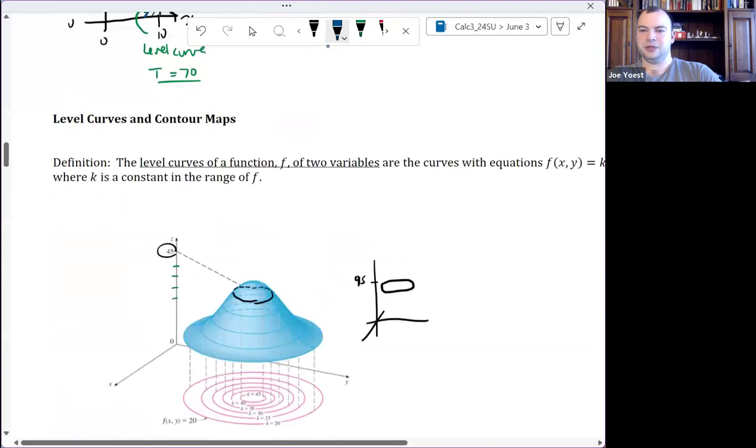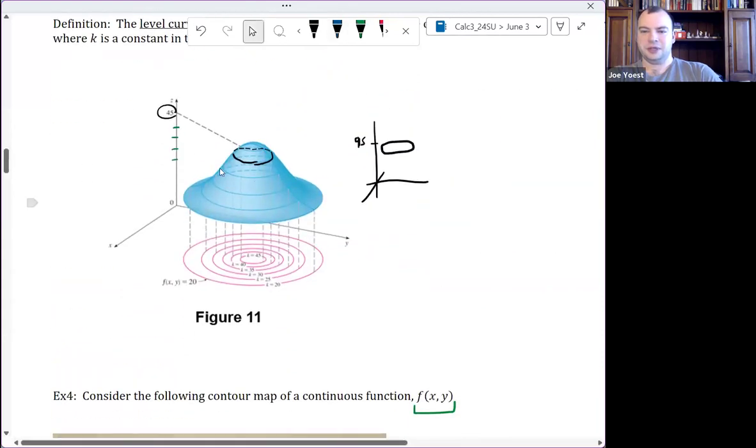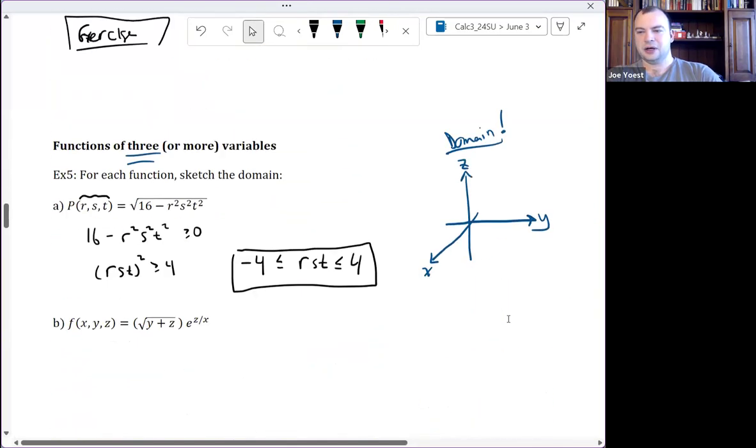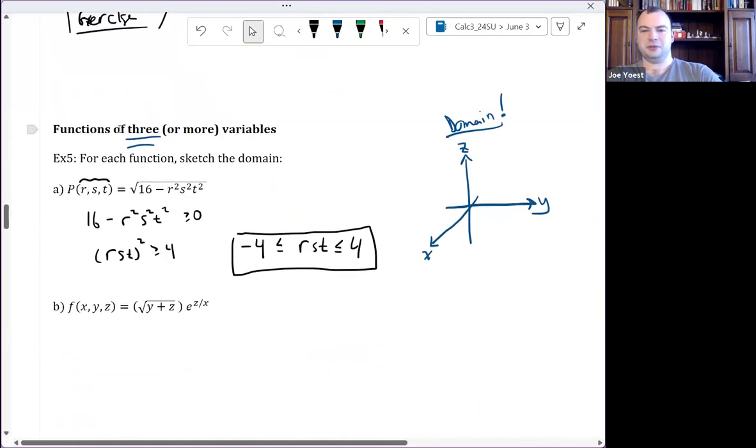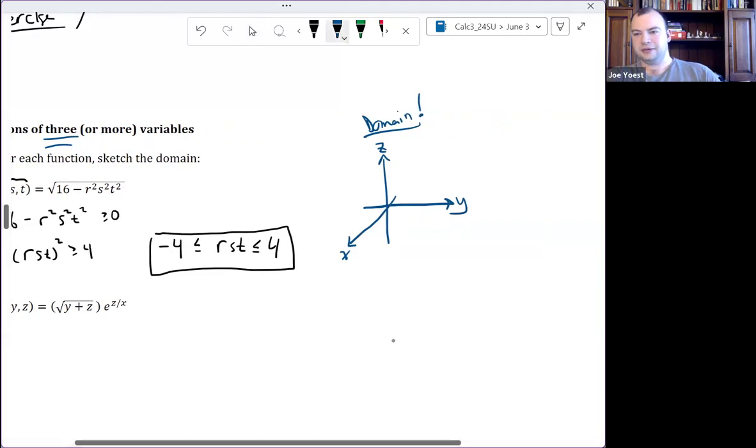Up here, when we drew a 3-dimensional picture, this was a representation of the function, our 2 dimensions of inputs and 1 dimension of output. Here, when we draw a 3-dimensional picture for a function of 3 variables, this is just representing the allowable inputs. And then we would have a separate real line over here that these are getting mapped to.